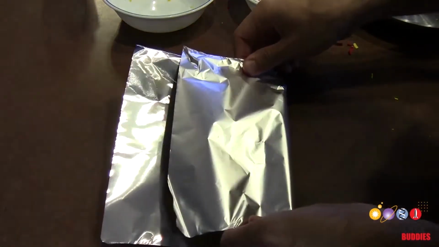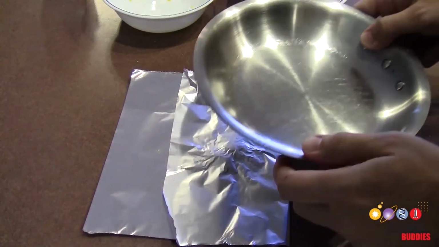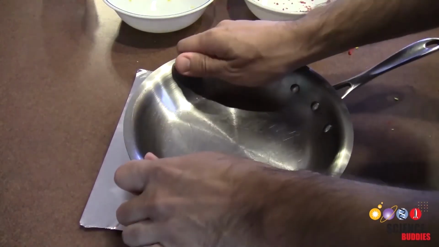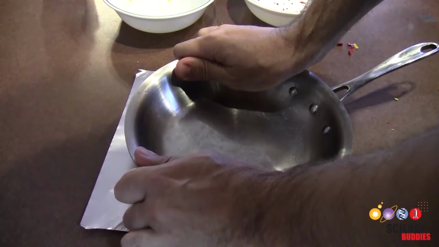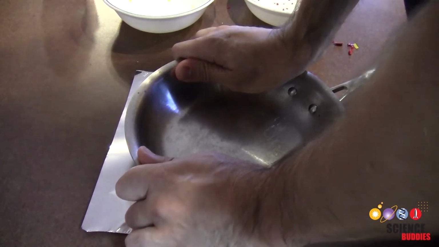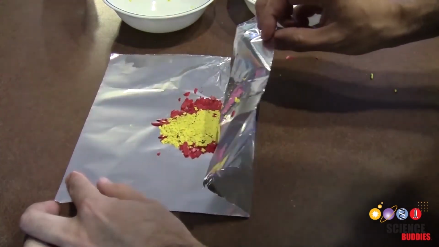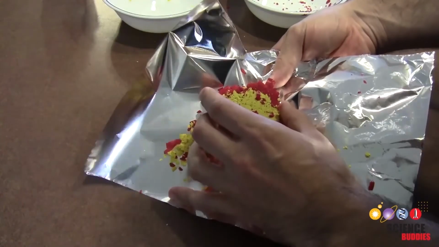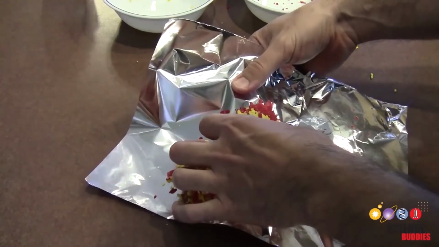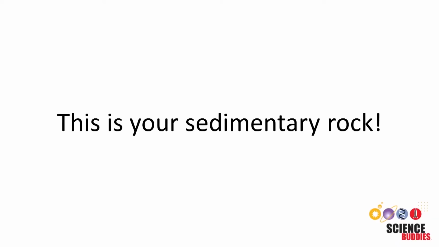Now fold the foil using something heavy, such as a frying pan, to squash hard. You should be able to peel off the new rock from your foil. This is your sedimentary rock.